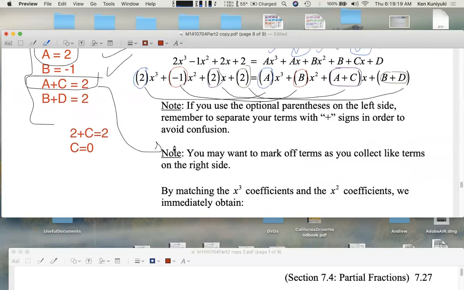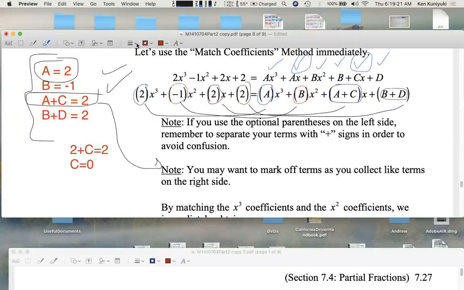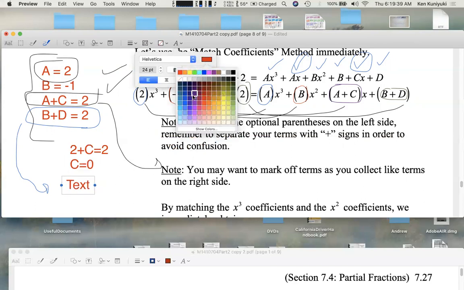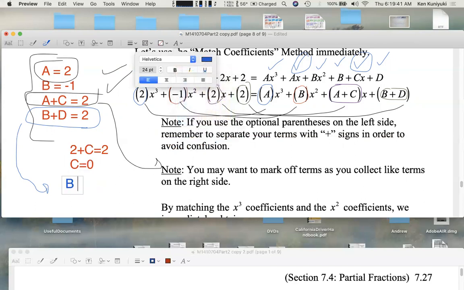And over here, very similarly, B plus D equals 2. But wait, we know that B is -1. B plus D equals 2, but B is -1.